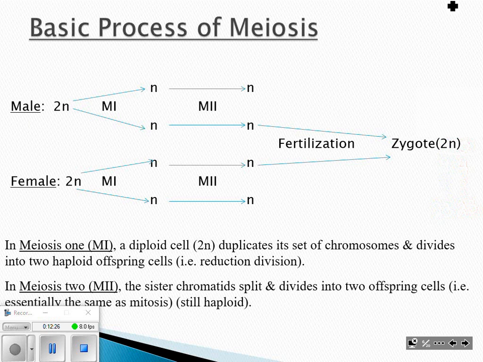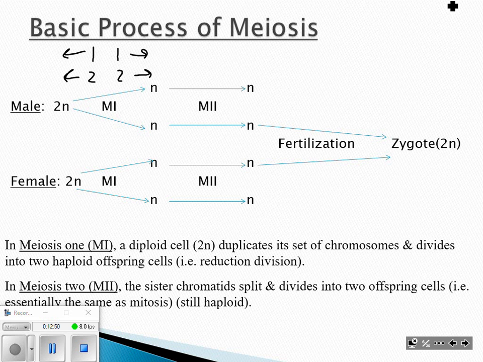So the basic process of meiosis, and this is happening in the male and female, the mother and the father: we take that diploid cell and make a copy of it, just like we did in mitosis. We make a photocopy of it. And then in meiosis 1, we're going to split apart those chromosomes 1, those chromosomes 2.